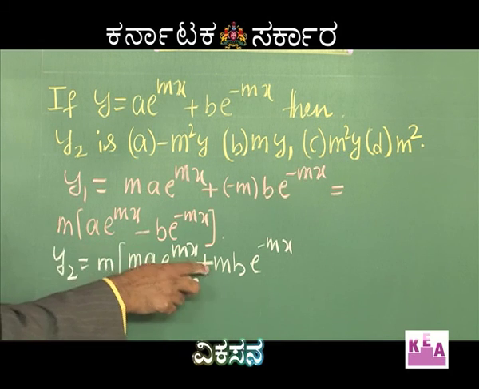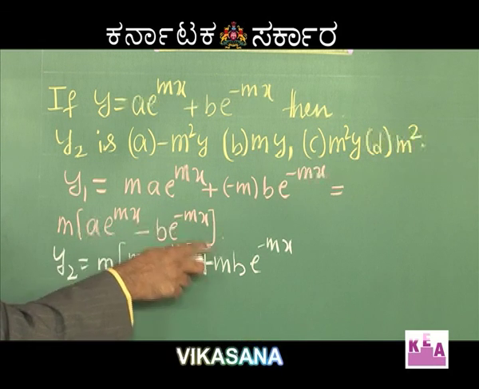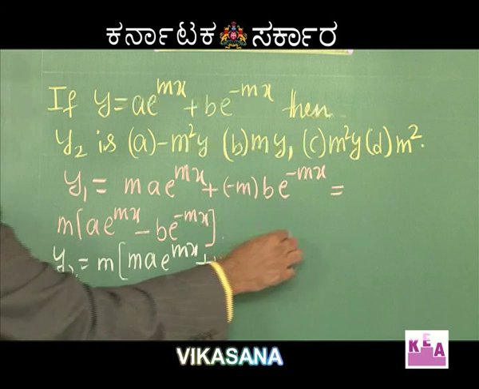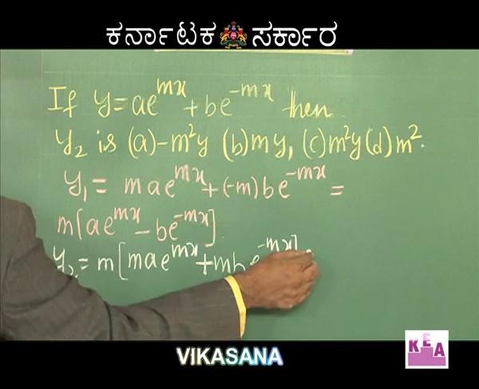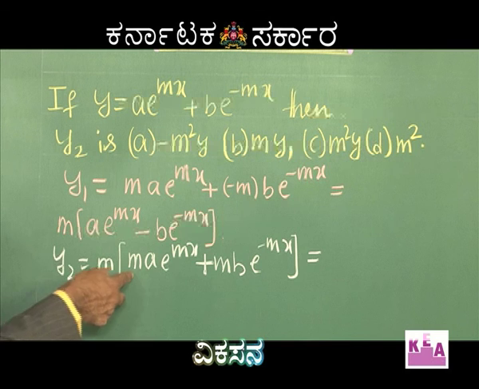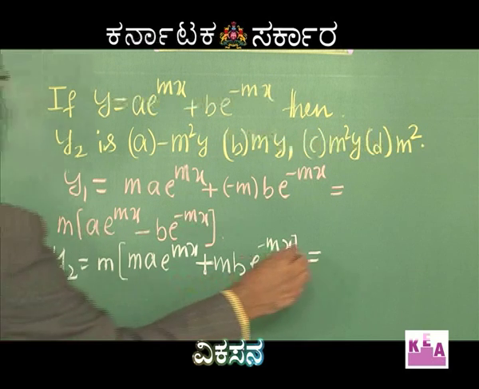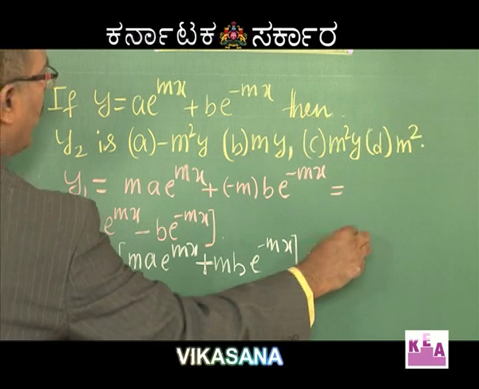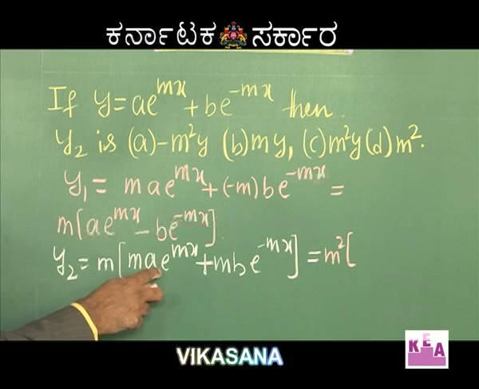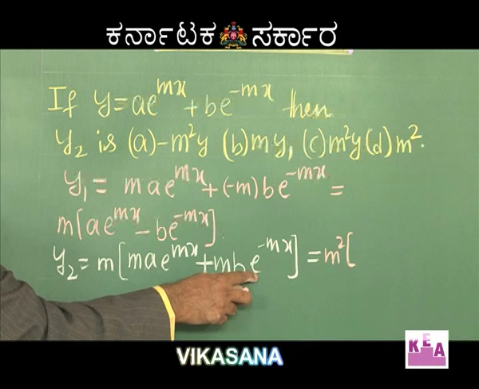Concentrate properly, this minus will become plus because of this m, minus m. So that is equal to what? We have one m here and one more m, we can take m common, so that this will become m square into (A e power mx plus B e power minus mx).